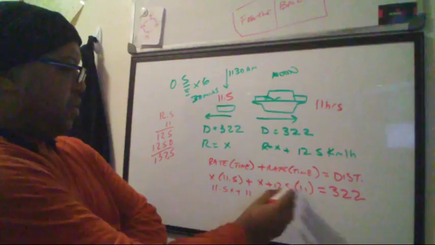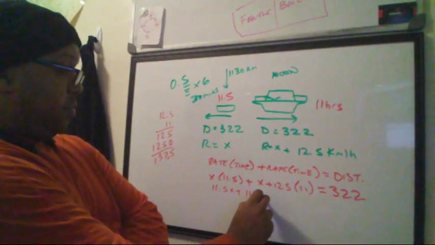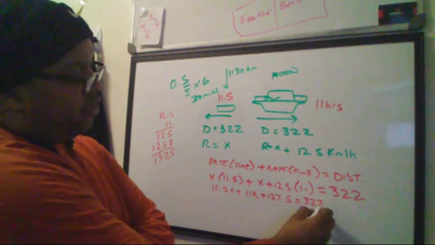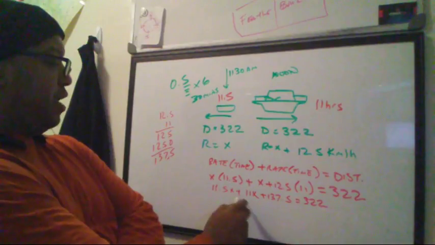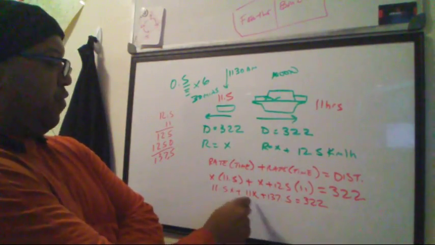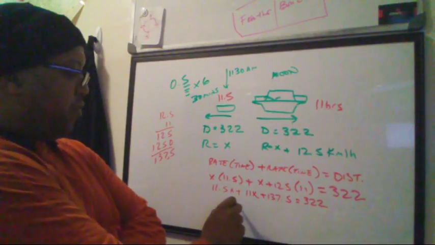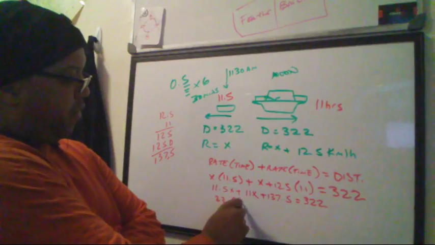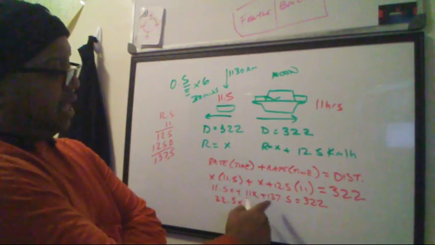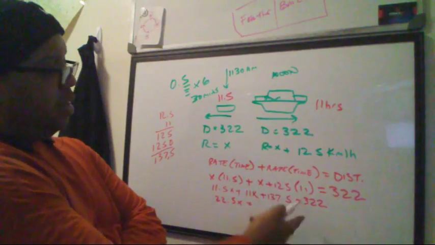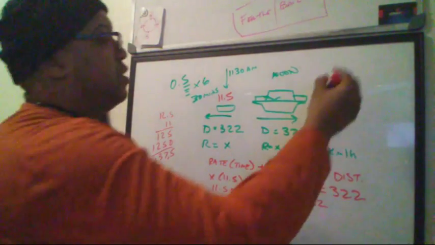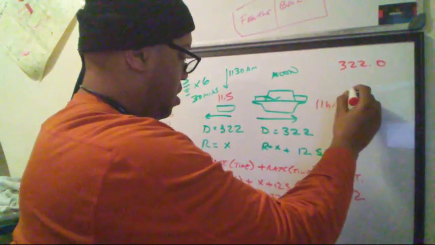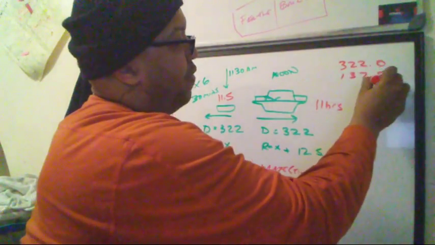All right, so the next line: 11.5x and then 11x plus 137.5 equals 322. So we combine like terms. 11.5 plus 11, and I want to make sure I'm not running out of real estate here. 22.5x equals: the 137.5 is going to jump across the equal sign and become negative, so we'll have 322.0 because I'm subtracting 137.5.